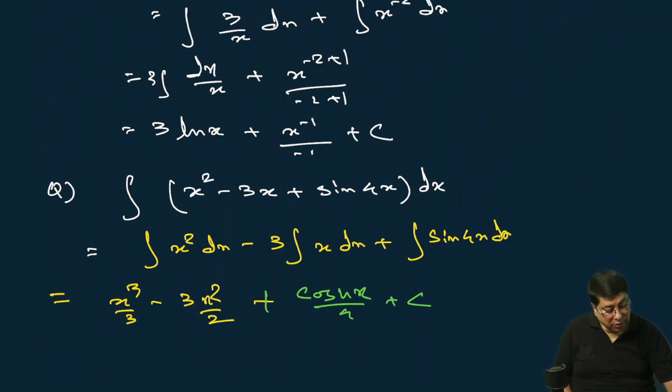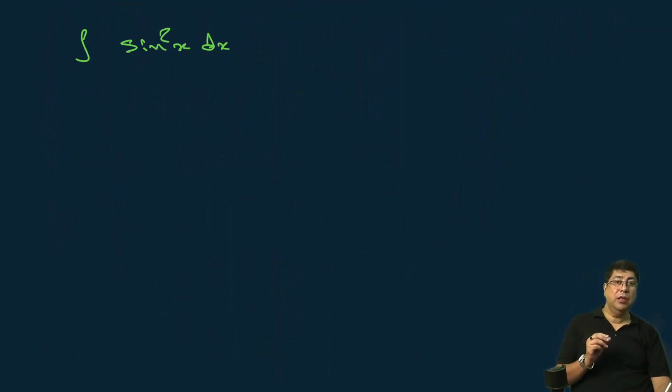One more sum I am telling you, that is integration of sine square x. Remember one thing, in the fundamental formulas there is no integration for sine square x. We have the integration for the multiple angles, sine 3x, sine 4x, sine mx, cos mx, like that.